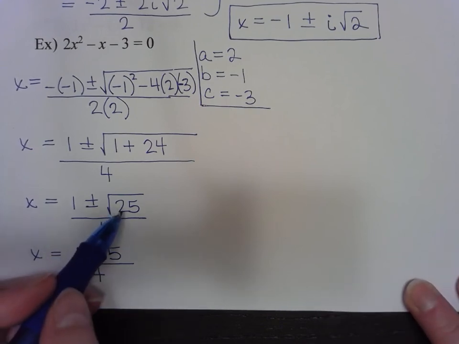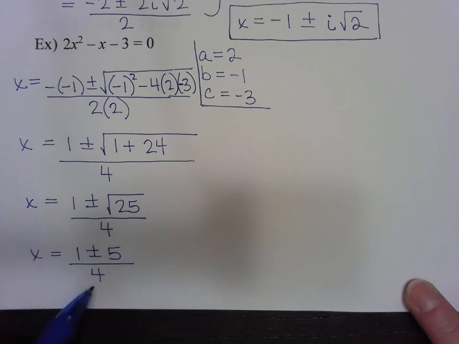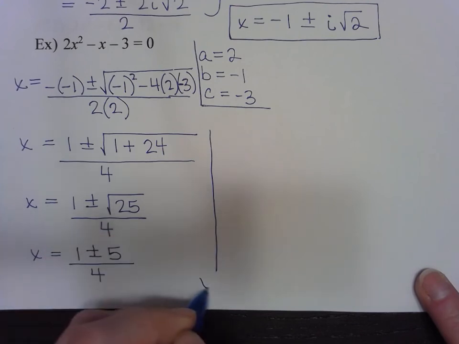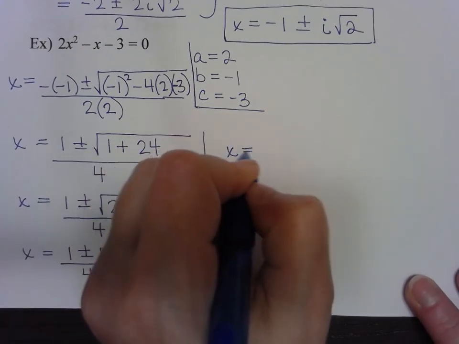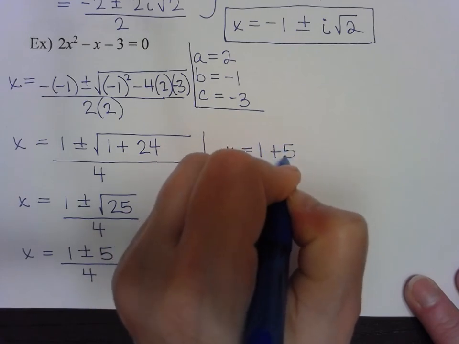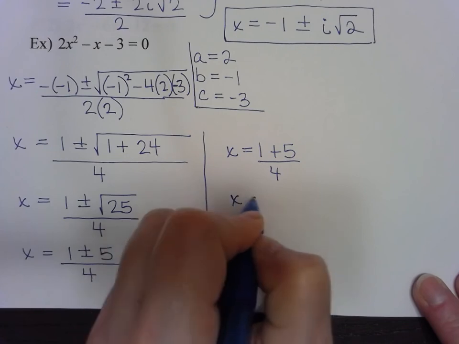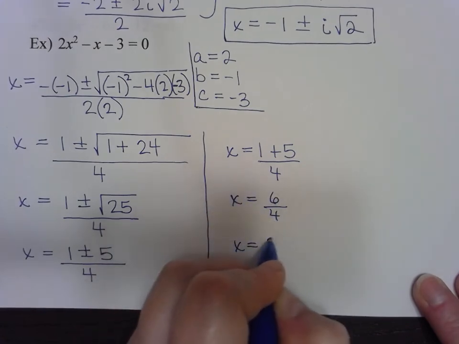If my square root simplifies to be a whole number or a nice even number, I want to go ahead and break this up and continue, right? So I have really 2 answers. Let me write them over here separately. I have 1 plus 5 over 4, which would be 6 over 4, or 3 over 2.